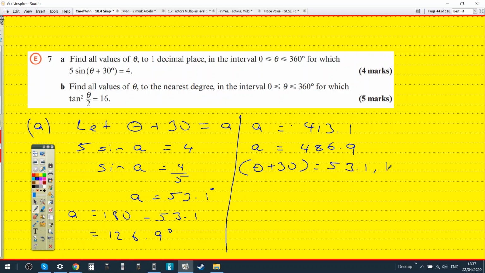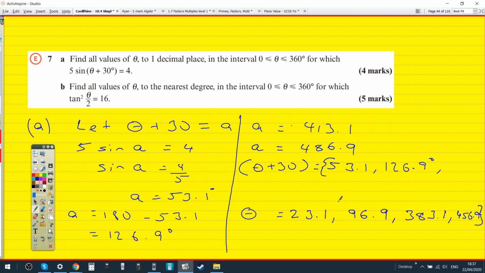Yep. So 53.1 minus 30 is 23.1, and then 126.9 minus 30 is 96.9, then 413.1 minus 30 is 383.1, and then 486.9 minus 30 is 456.9.